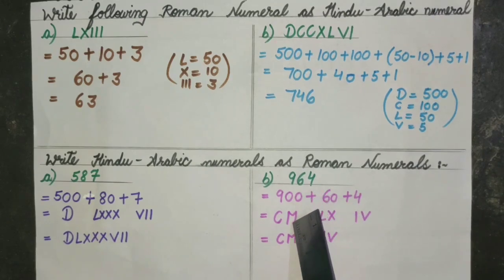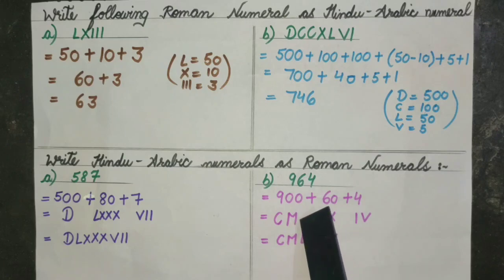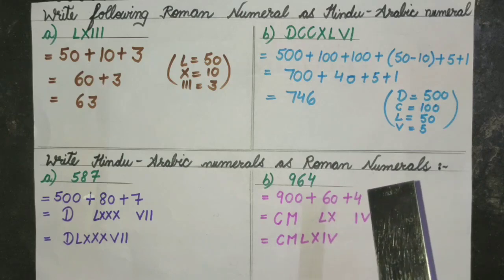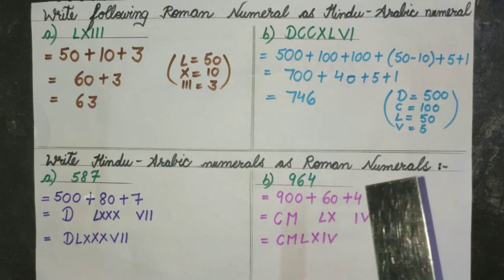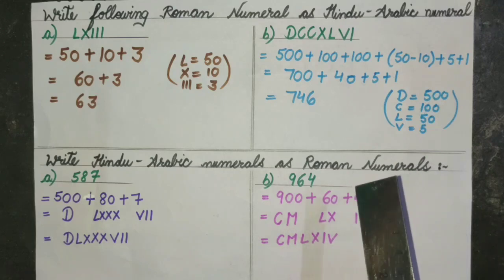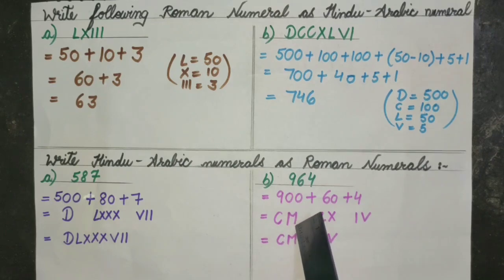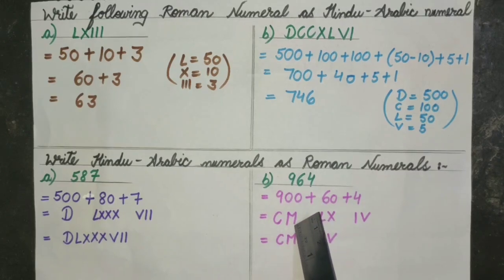So 1000 is M and the letter we are using for 100 is C. So we have to subtract 100 from 1000, and for subtraction, what we have to do is we have to use a symbol before a bigger value. So 100 will be used before 1000. C will be used before M. So it will be called 900.